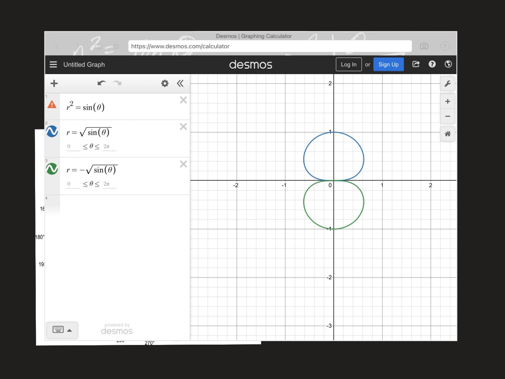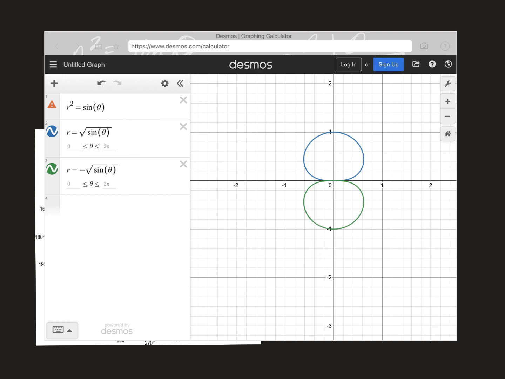So what I did is I ended up splitting it up, taking the square root of both sides, and then graphing the positive and negative square root. And it turns out that gives me two circles on top of each other, which creates a figure 8. So this graph right here is really the graph of a figure 8. Okay?